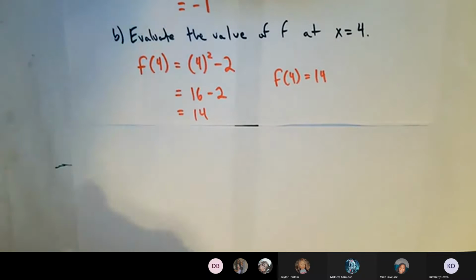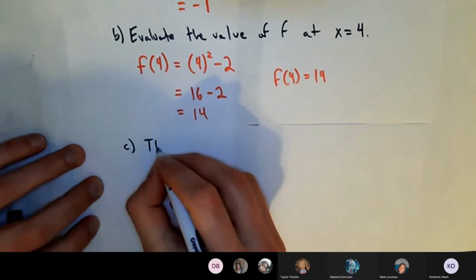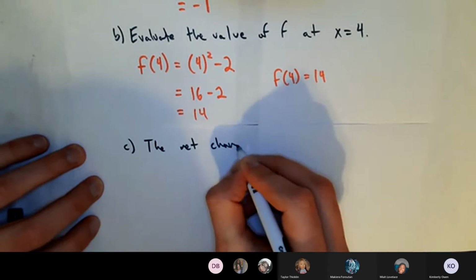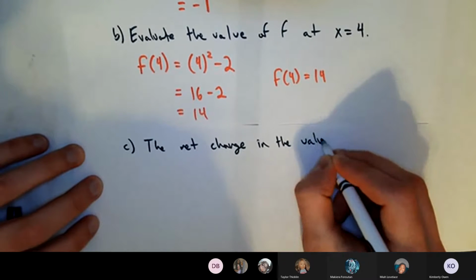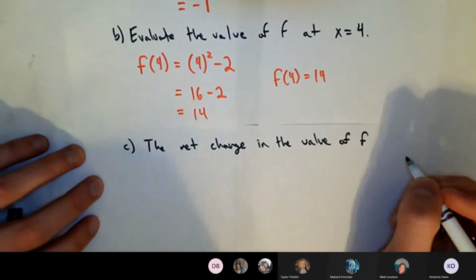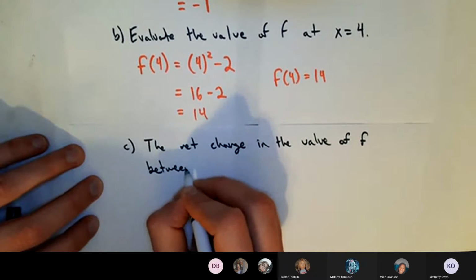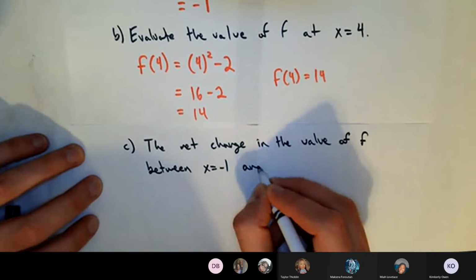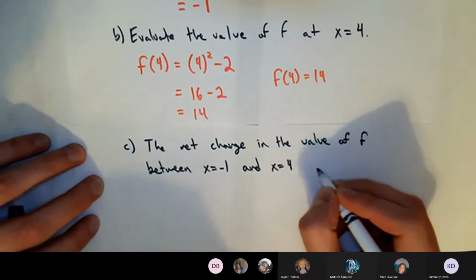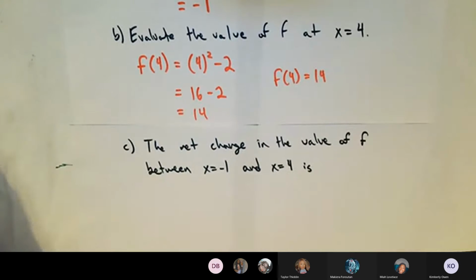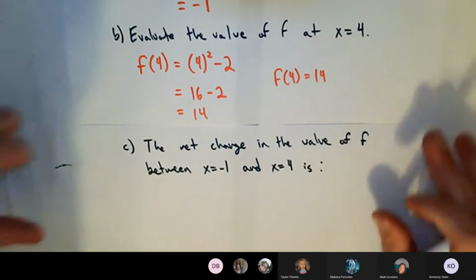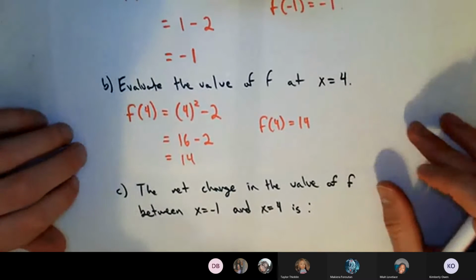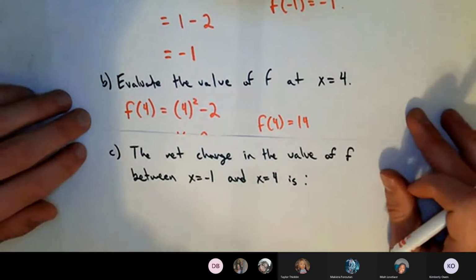Here's something I noticed they asked in the homework. The net change in the value of f between x equals -1 and x equals 4 is... So when they're asking for net change in the value of f, net change means if you subtract them, what is the overall change?